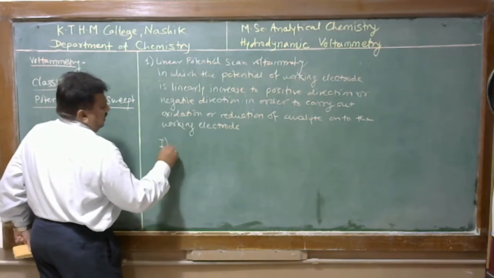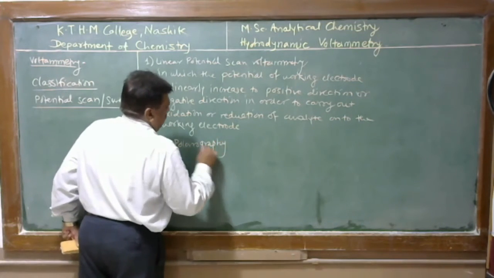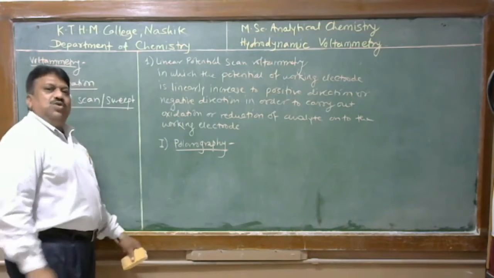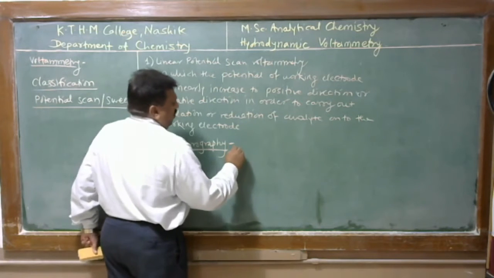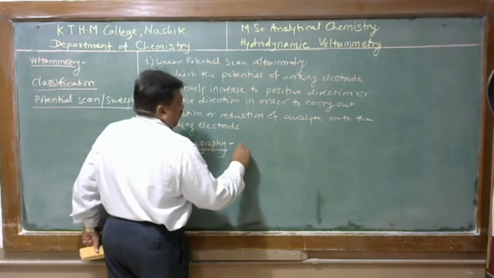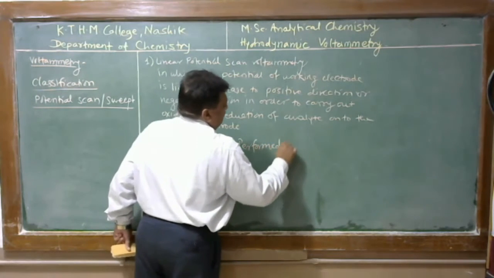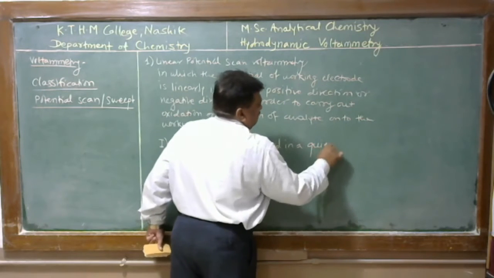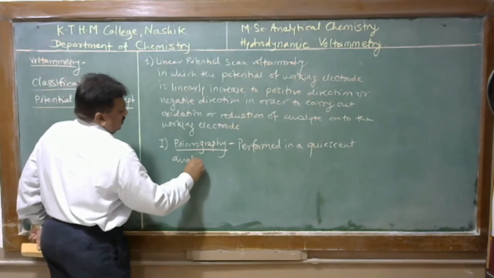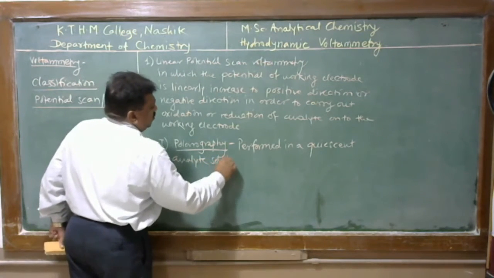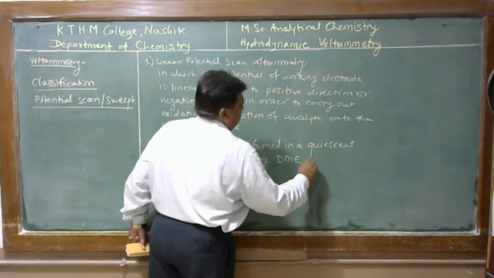The first type is polarography. We know what polarography is. Polarography is a linear voltammetric method of qualitative and quantitative analysis performed in a quiescent analyte solution using a DME working electrode.